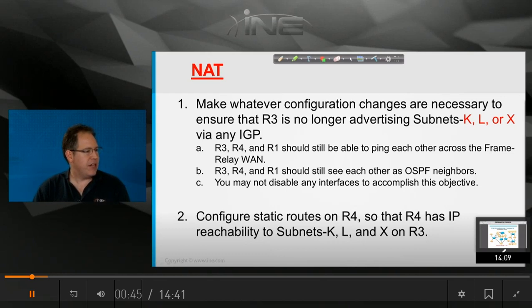Make whatever configuration changes are necessary to ensure that R3 is no longer advertising subnets K, L, or X. Those are his loopback interfaces, via any interior gateway protocol.